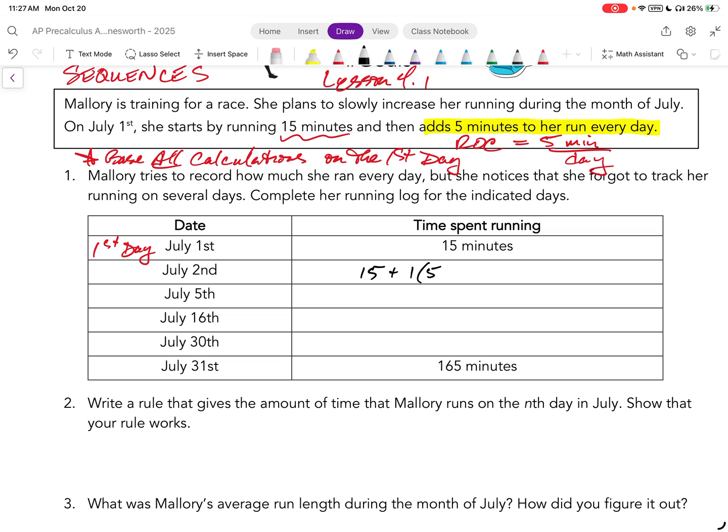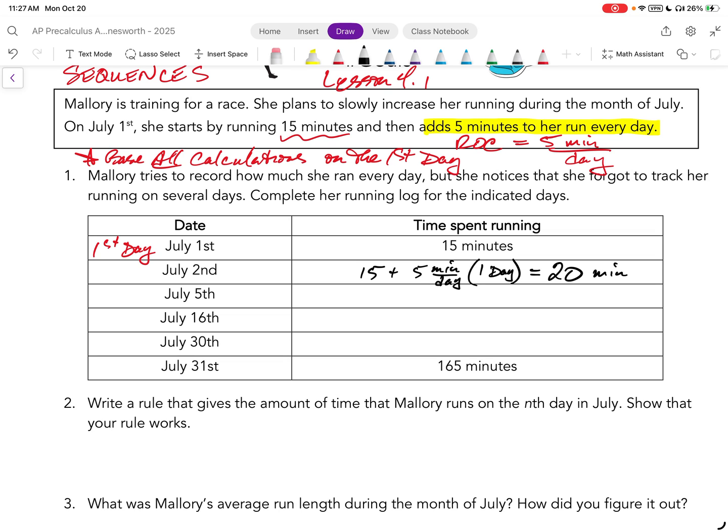Actually, let me reverse the order there. So 5 minutes per day times the number of days, which is 1 day. From the first to the second is 1 day. Now 5 times 1 is 5, plus 15, and that is 20 total minutes on the second day.